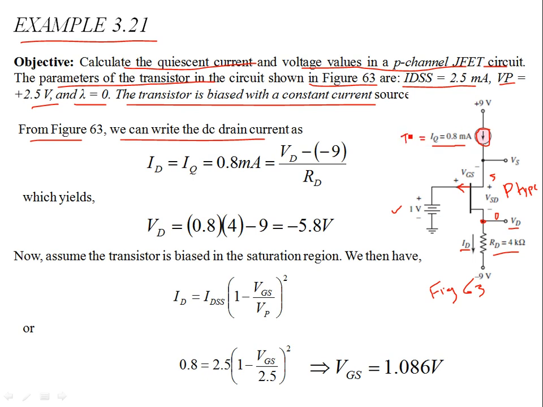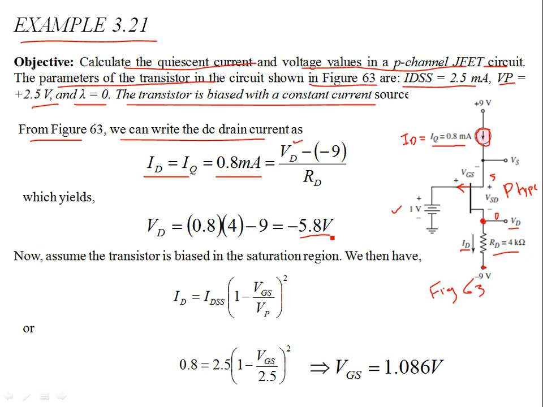The drain current which flows from the source to drain is the same. So you can write ID equal to IQ, which is 0.8 milliamps, a constant current source biasing, and then VD minus 9 over here. You consider the potential difference in these 2 points, and the current flowing through the resistor RD of 4 kilohms. Okay, so the current is 0.8 milliamps. So you go ahead and find what VD is. This gives you VD as minus 5.8 volts.